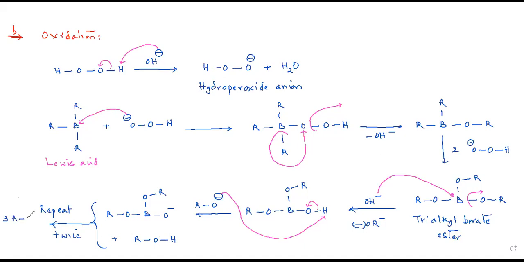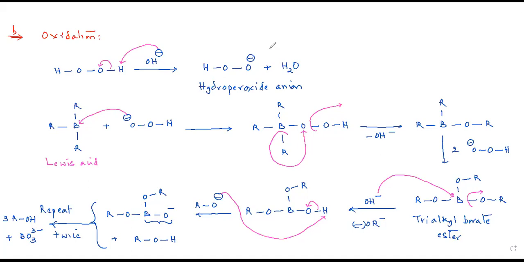Along with that, BO3 minus 3. Everything will be like this. Even this also becomes O minus, this also becomes O minus. And the R groups are removed in the form of alcohol. First OH minus, then with RO minus. This is how you have to repeat the steps for 2 more times. And finally, you will get the alcohol.